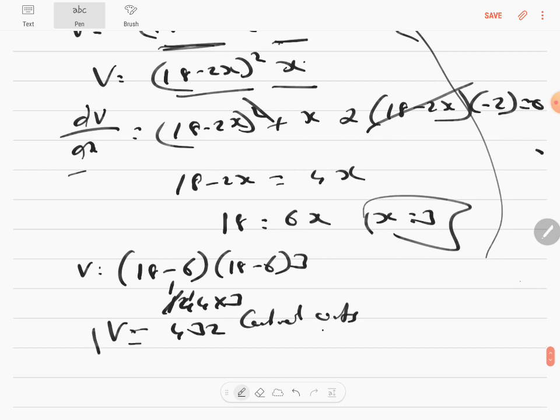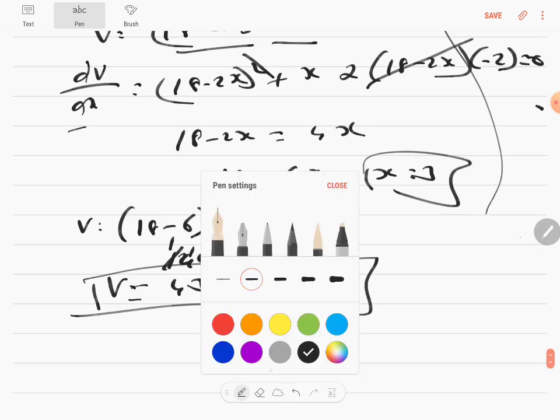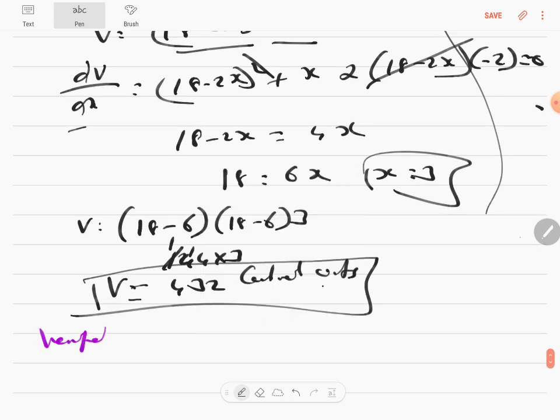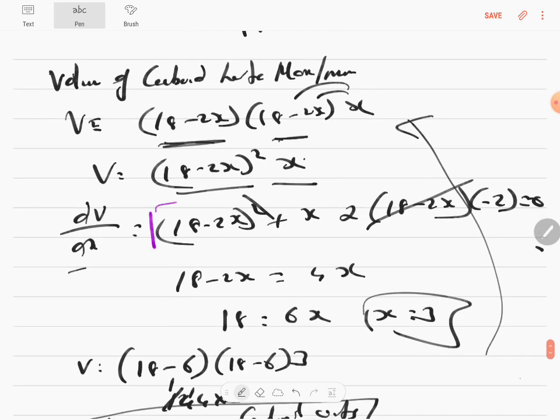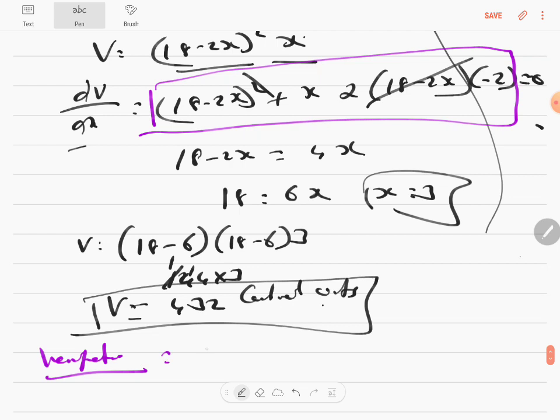So I got the value, but I don't know whether it is maximum volume or minimum volume. So I need to do double differentiation verification. Which is the differentiated value? Here it is, before cancelling. Take that and write here, differentiated: 2 is still there.